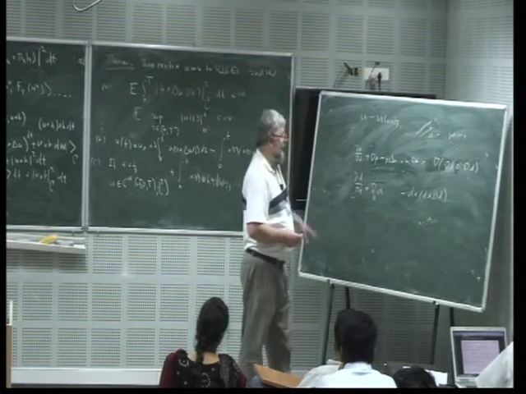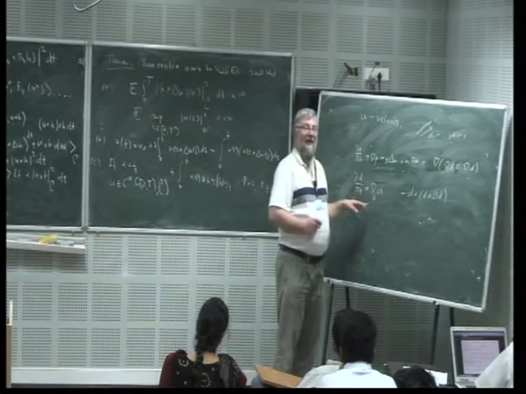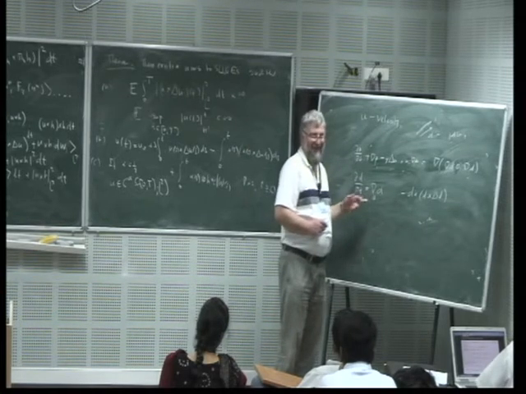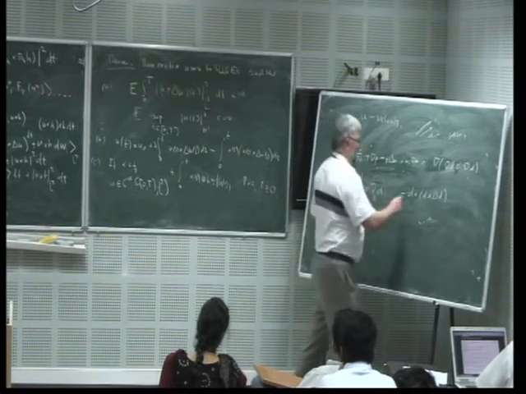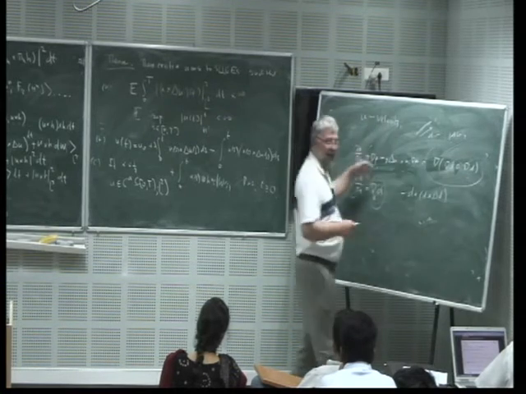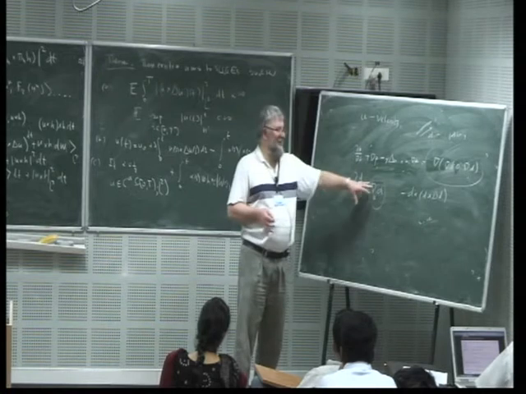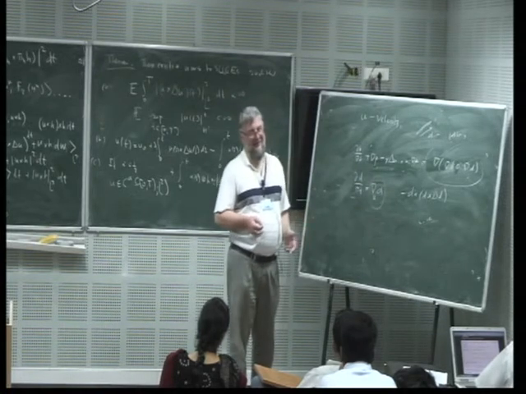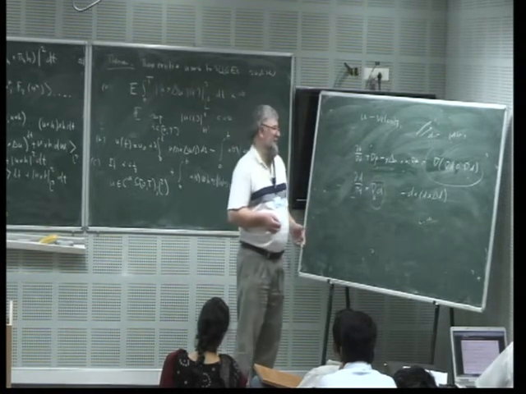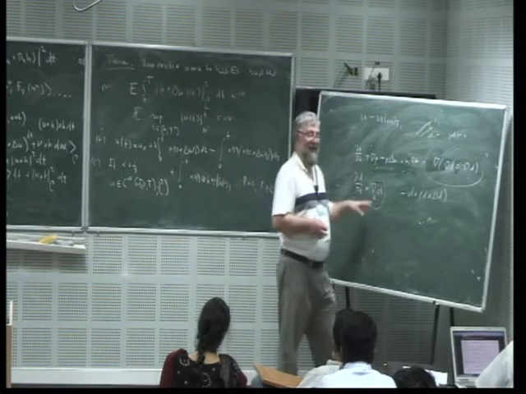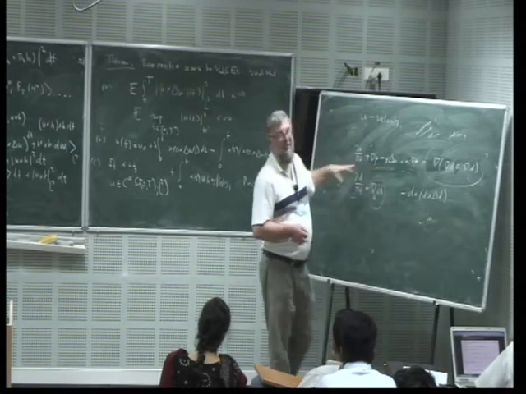It happens that you get some a priori estimates, because these terms are such that if you multiply this by u and this by d, these strange terms cancel. I don't know exactly the reason, but they cancel.